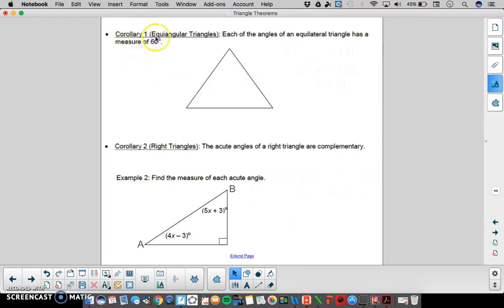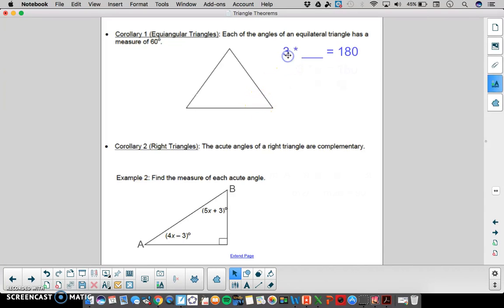Next, it has to do with equiangular triangles. Each of the angles of an equilateral triangle has a measure of 60 degrees. If we know that it's an equiangular or equilateral triangle, that means all the angles are supposed to be equal. So all three angles have to be equal and add to 180.